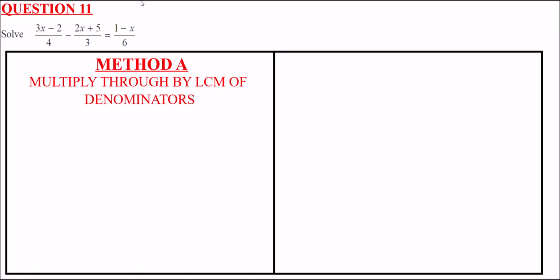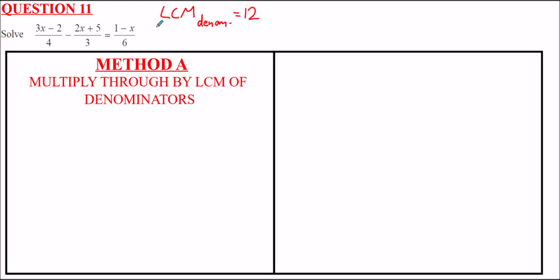So what is the lowest common multiple of 4, 3 and 6? The smallest number in each of these times tables is going to be 12. 12 is 4 times 3, 12 is 3 times 4, it's 6 times 2. So the lowest common multiple of the denominators is 12.